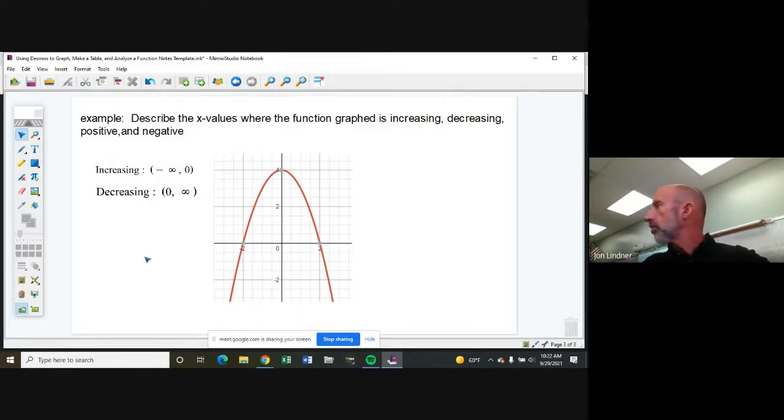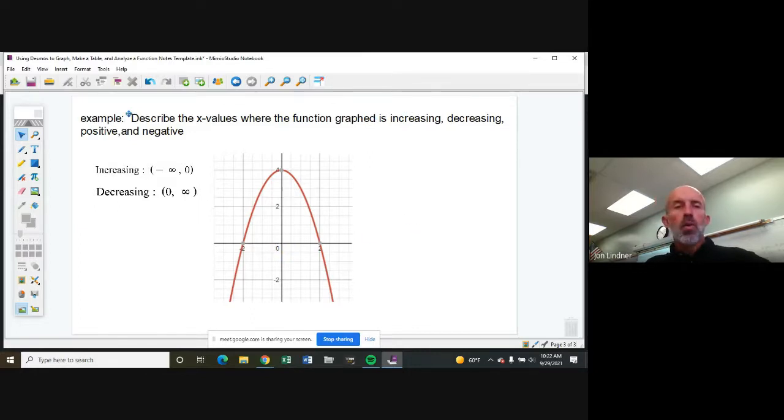All right. Now notice what we're doing. Again, we are stating the x values where this happens. We never state y values for this. We're just stating, from negative infinity to 0, it's increasing. From 0 to positive infinity, it's decreasing.